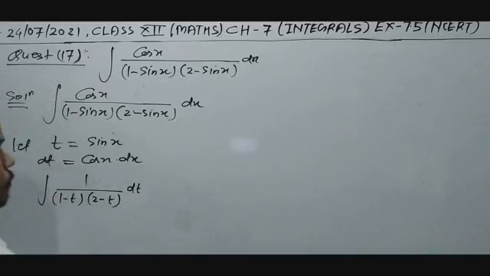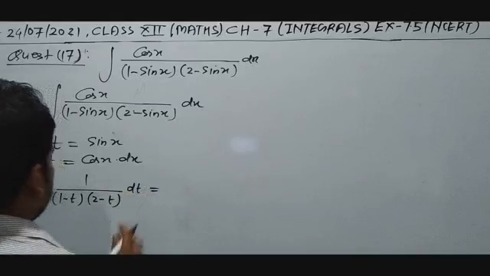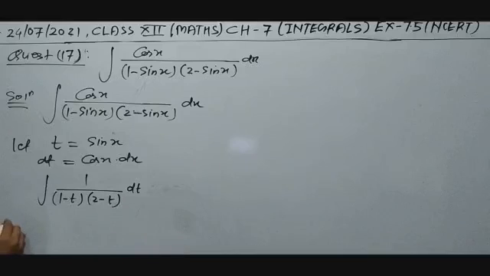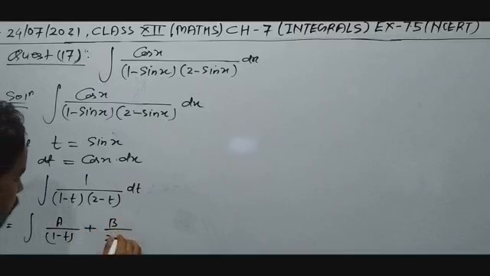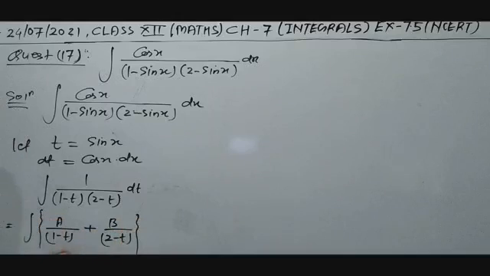So suppose this we have considered a upon 1 minus t plus b upon 2 minus t, curly bracket close, dt.